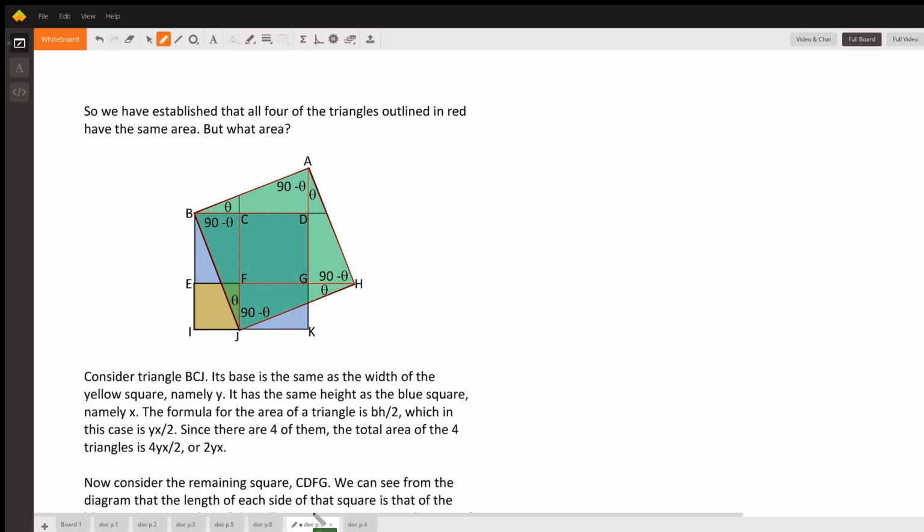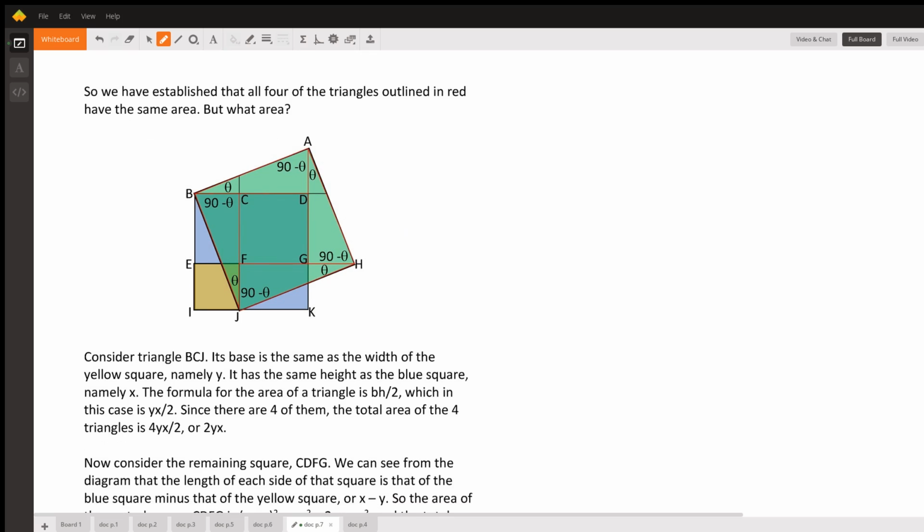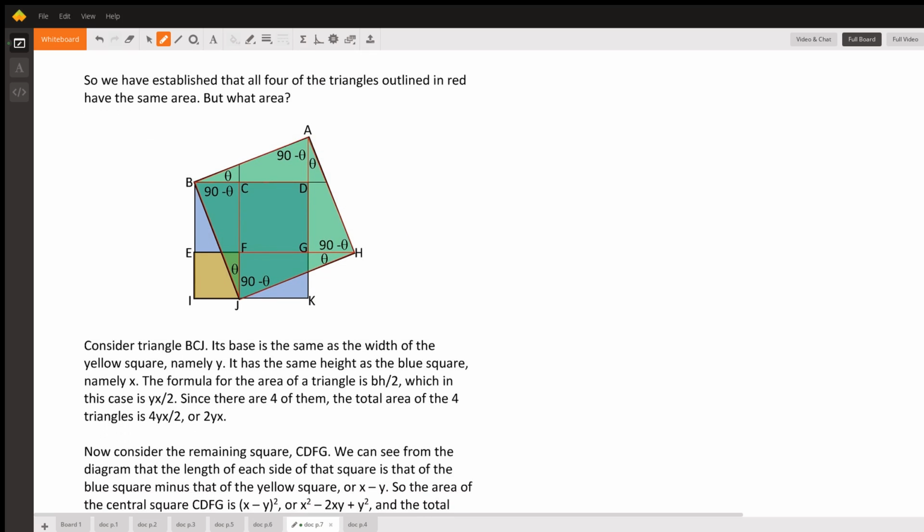Okay, so here we are. We've established that all four of the triangles outlined in red have the same area, but what is that area? Okay, let's do this triangle because they're all going to have the same area. Its base is the same as the width of the yellow square, which is y, and its height is the same as the side of the blue square, which is x.